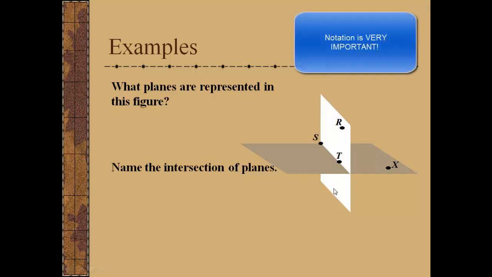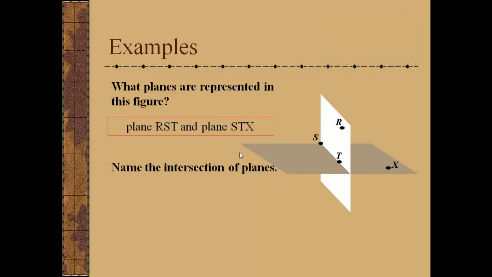I'm looking for you to either write a capital script letter saying plane blank, or you can name a plane by naming 3 points that are on the plane. Here on the white plane, we see the points S, R, and T, and here on the gray plane, there are the points S, T, and X. So we're going to name the planes plane RST and plane STX.